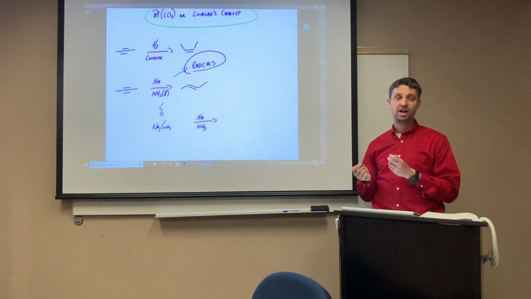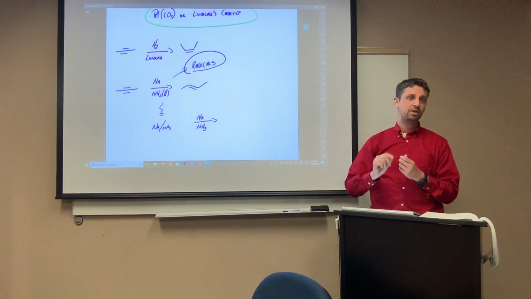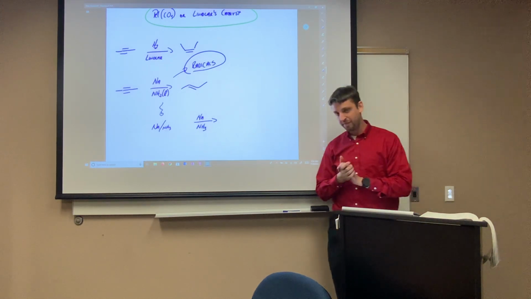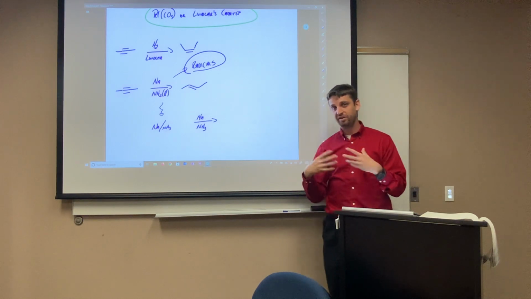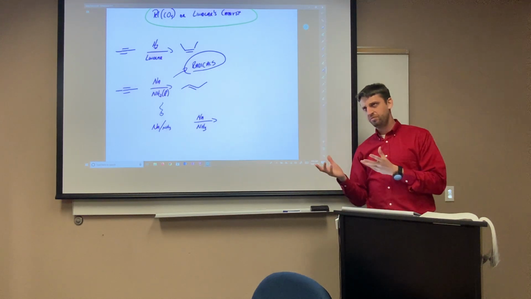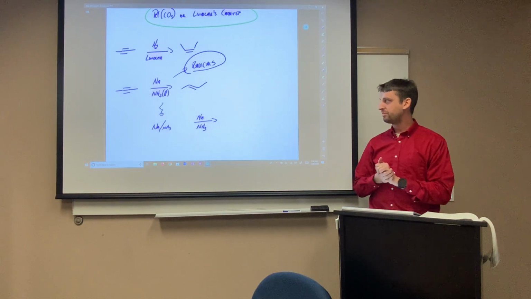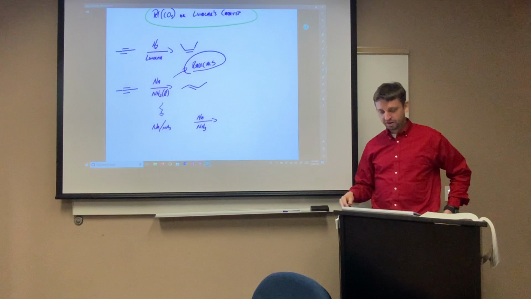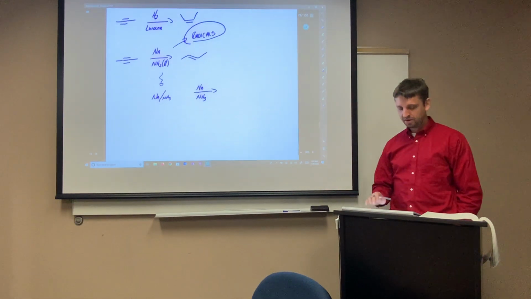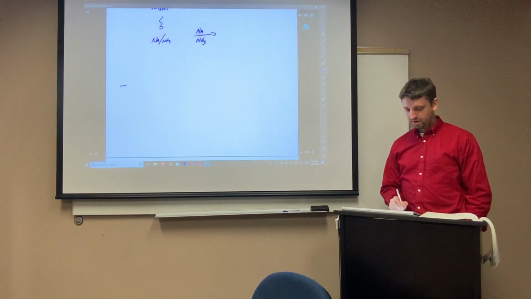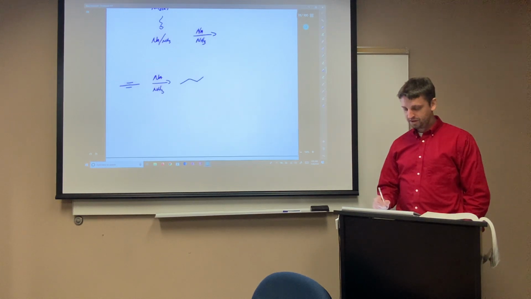And remember, we're dealing with radicals, unpaired electrons, a single electron, okay? And we're going to have to learn some different toolkits to deal with those, okay? But anyway, what's the purpose here? Just to clear this up, we can take an alkyne and turn it into an alkene in the trans configuration, okay?